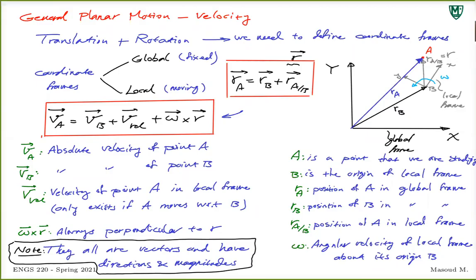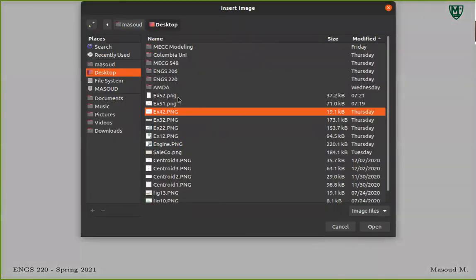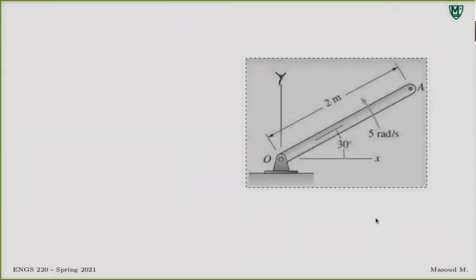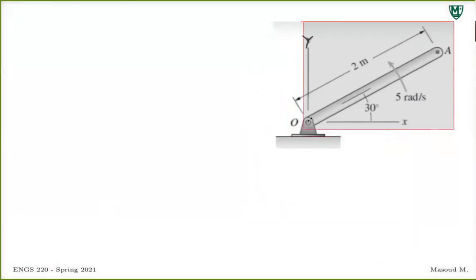Let's go with something straightforward, I think. Let's see if I can find the figure here on my computer. Let's go with this. All right. It's easier to explain these on figure 5.1. This one.